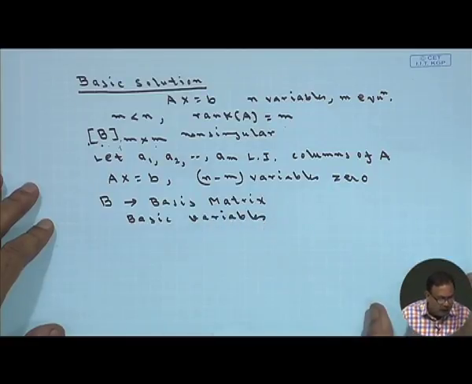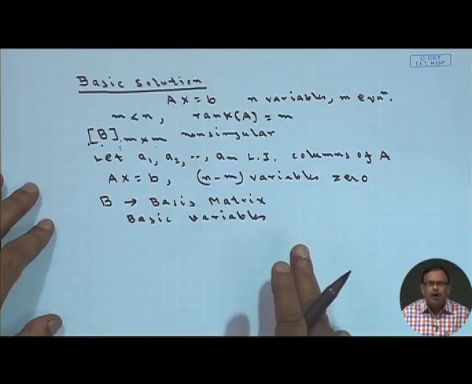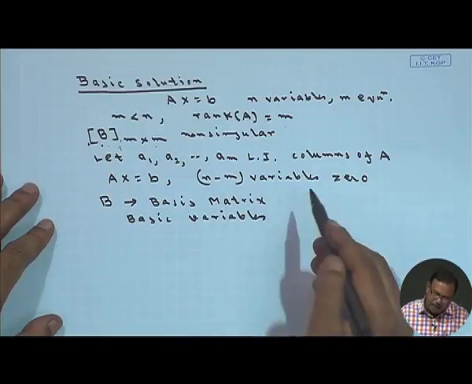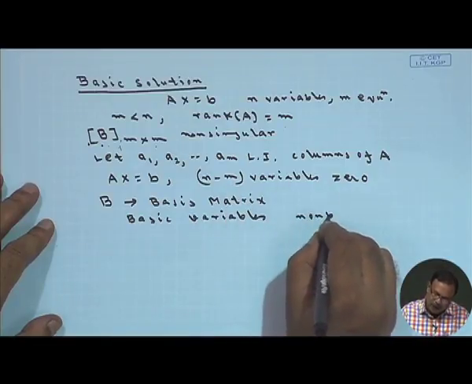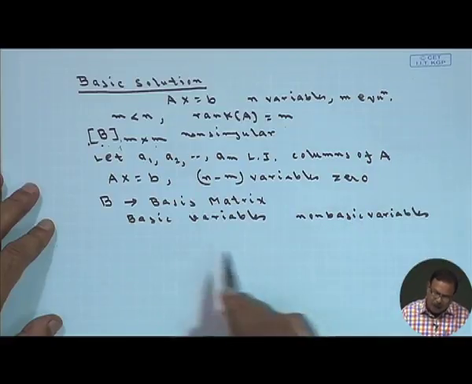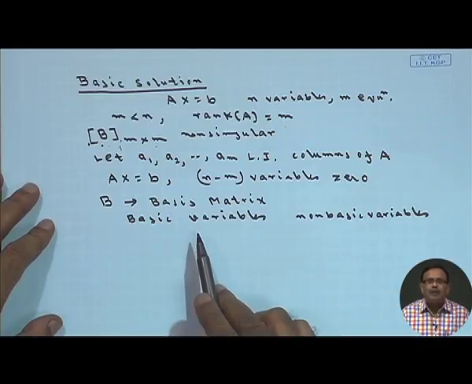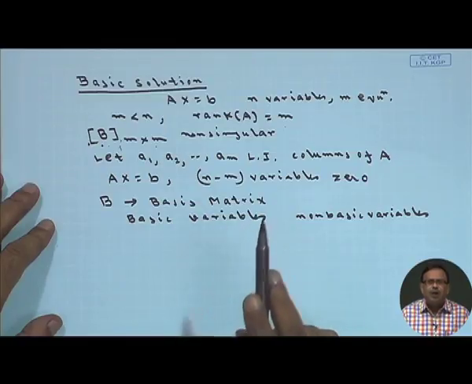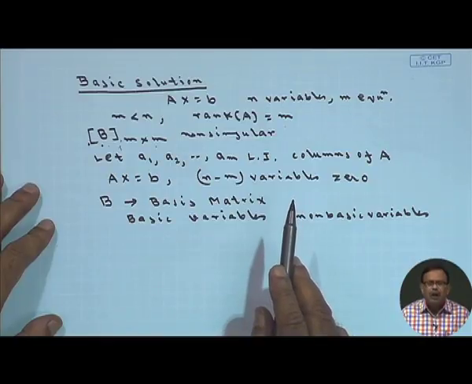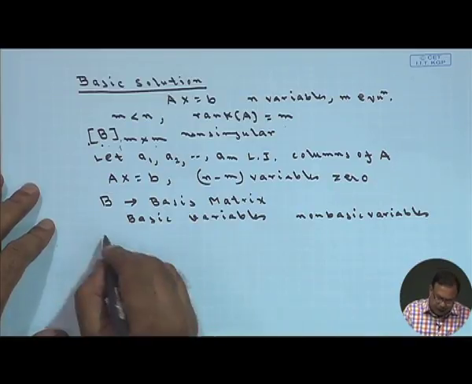The decision variables corresponding to these linearly independent columns are known as basic variables, and the remaining n minus m variables we call non-basic variables.